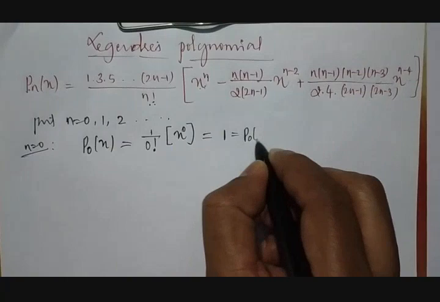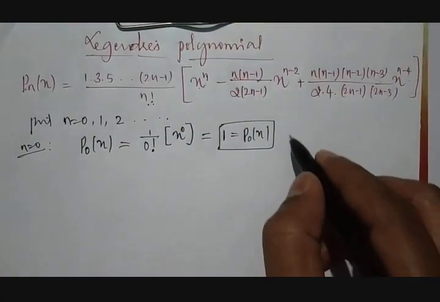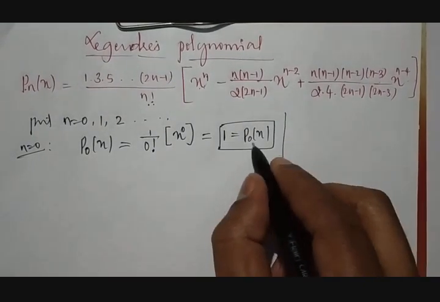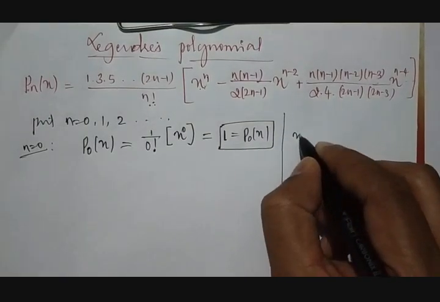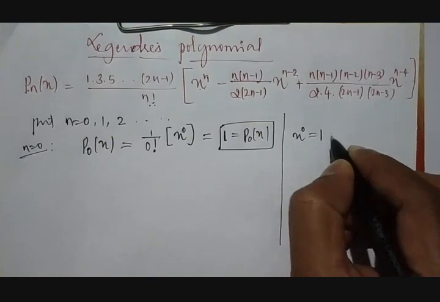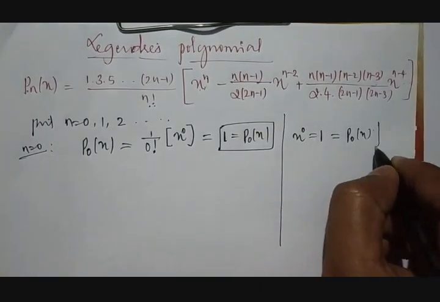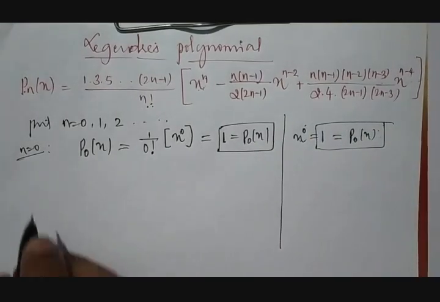Therefore, p naught of x is equal to 1. On the other side, I'll go for the other part, that is getting x. So, when p naught of x is equal to 1, then we can say this 1 can be written as x raised to 0, which is nothing but 1, which is p naught of x. Means, p naught of x is equal to 1, which is nothing but x raised to 0.